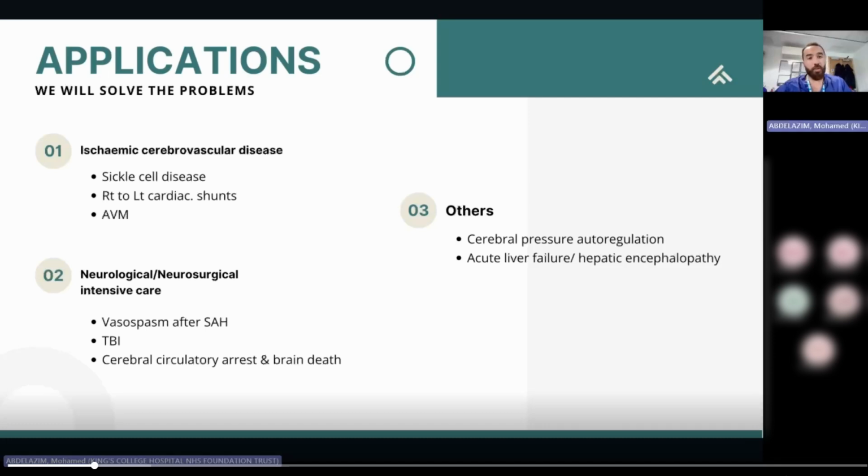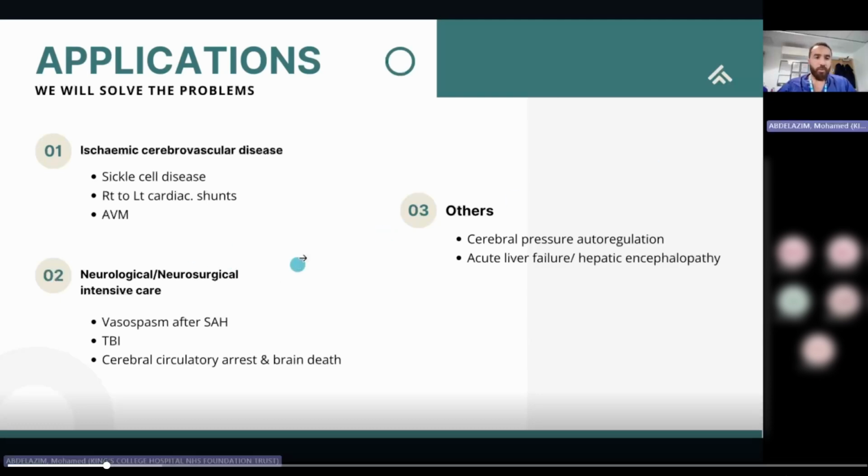AVM as well, arteriovenous malformation, is one of the things we could do TCD for. We know that if there is a fistula or malformation, the velocity will be higher because there is less resistance downstream in front of the arteries.